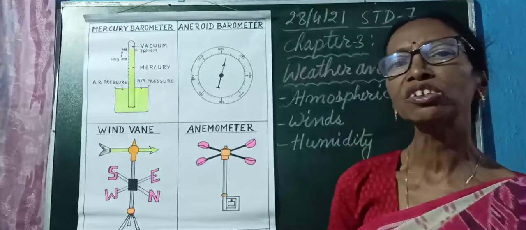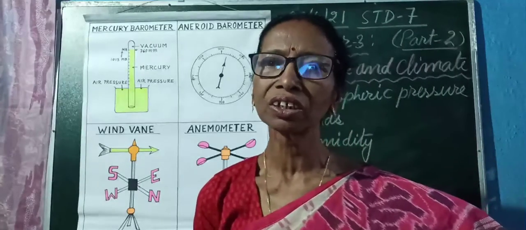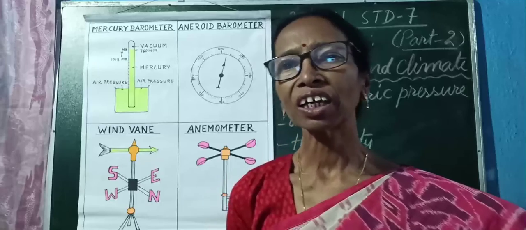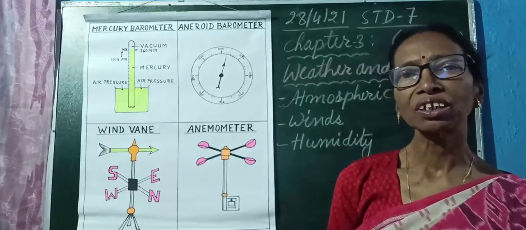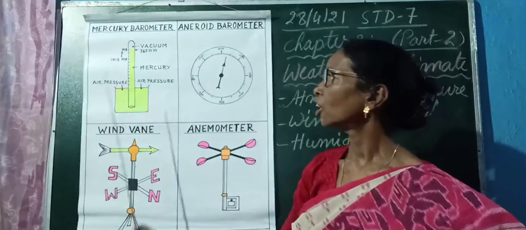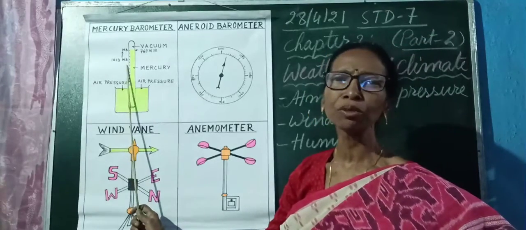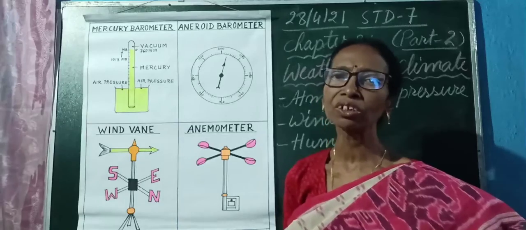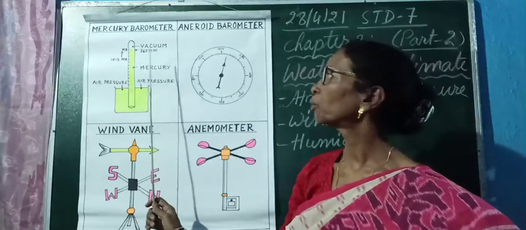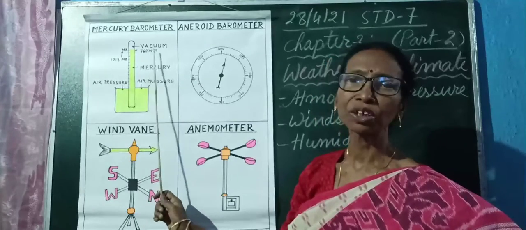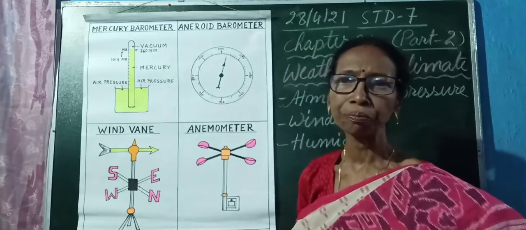There are two units to measure atmospheric pressure, millibar and millimeter. At sea level, about 1013 millibar atmospheric pressure is found, and that is equivalent to the mercury column, that is about 760 millimeter.